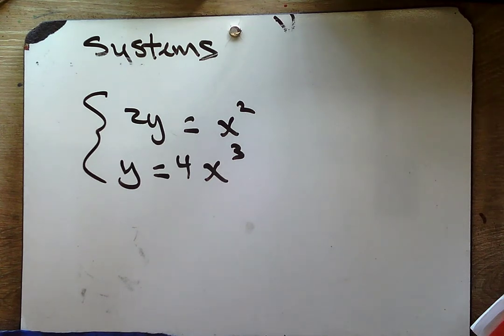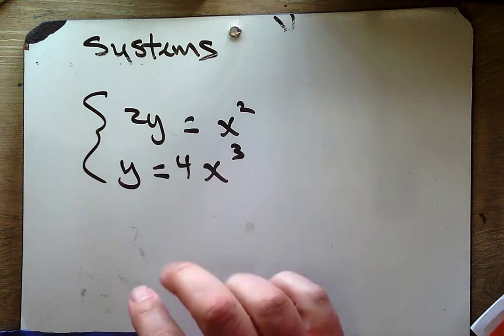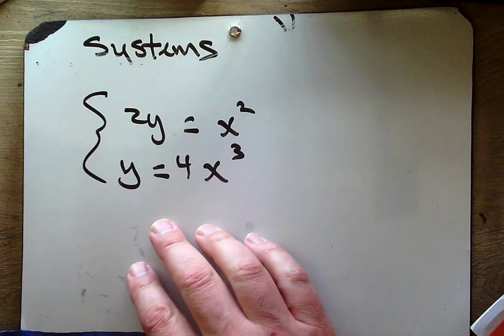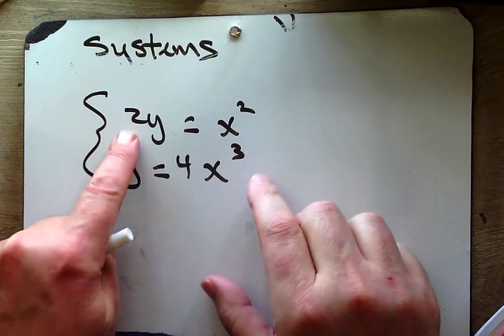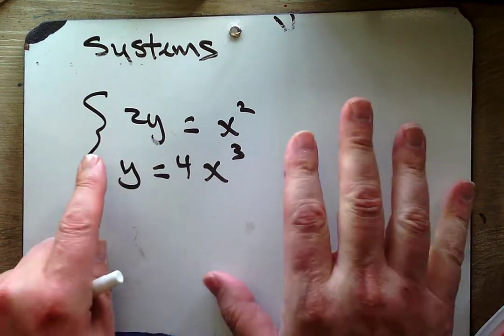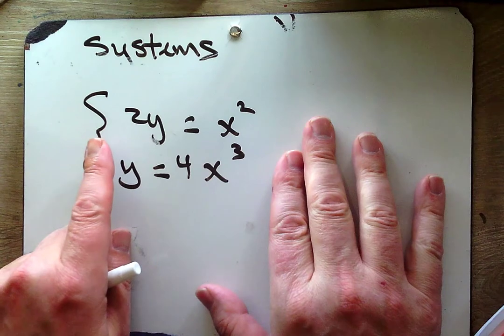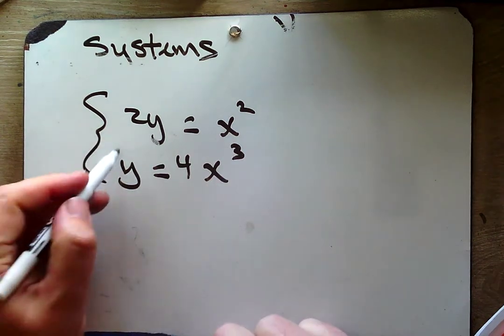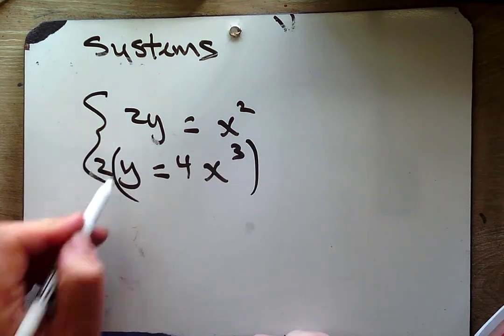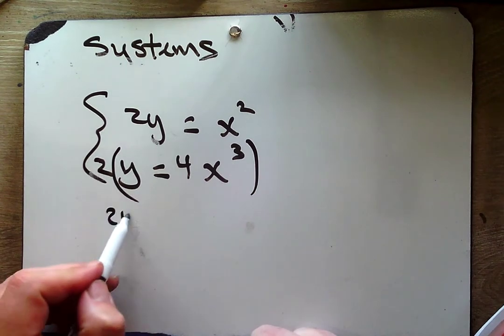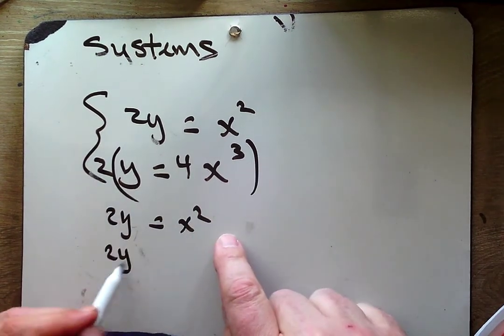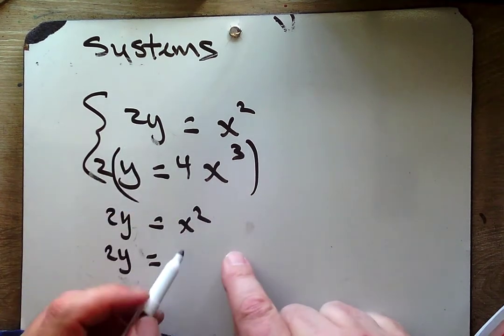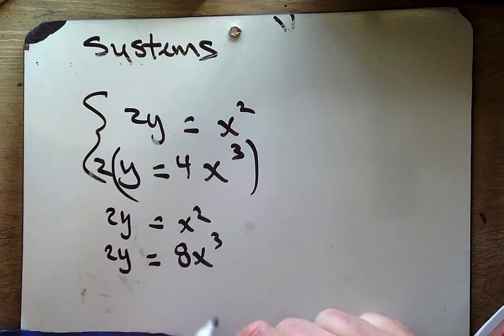Hey, welcome back. So what I'm wondering is, did anyone use elimination here? I'm going to go back and do it with substitution, but I was looking at this 2y and this y, and I could imagine that a bunch of people out there said, well, I'm just going to multiply this row by 2. And so they have 2y equals x squared, and then 2y equals, remember, 2 times 4 is 8x to the third.